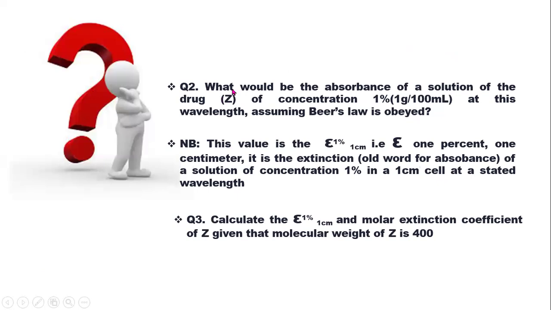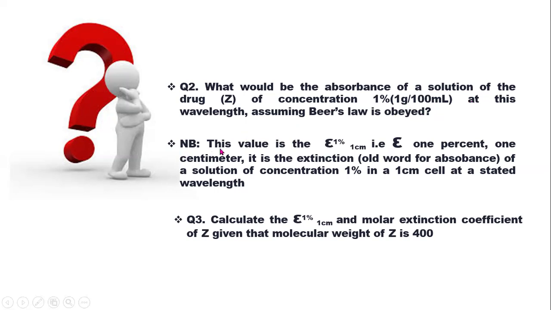So in this question, we have a follow-up that says: what will be the absorbance of a solution of the drug Z of a concentration 1%? 1% is 1 gram dissolved and topped up to 100 mL. At this wavelength, assuming Beer's law is obeyed.